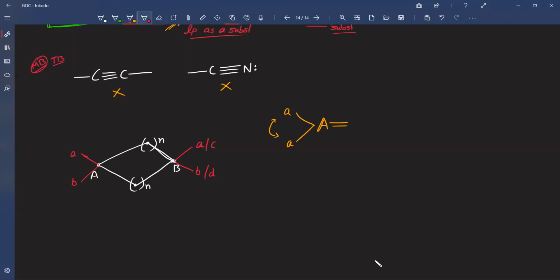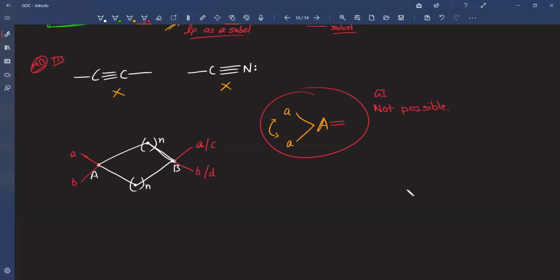And that's why, whenever you find this, or instead of a double bond there is a ring, if this is the situation, there won't be any geometrical isomerism. It is not possible to have geometrical isomers here.